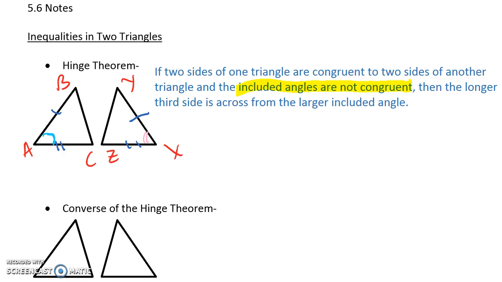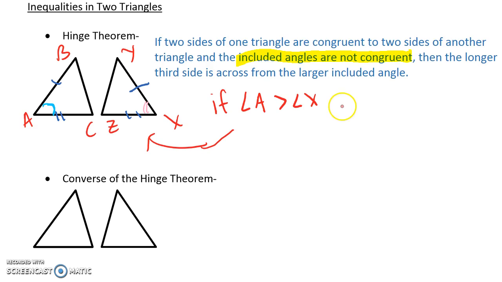So if, for example, we know angle A is, let's make that a little bit clearer. So if I know that angle A is greater than angle X, in addition to all this stuff, then I can conclude that the side across from the larger angle is the longer side.